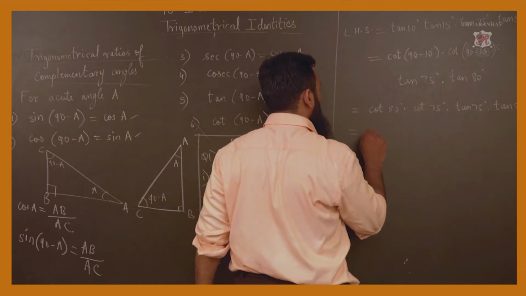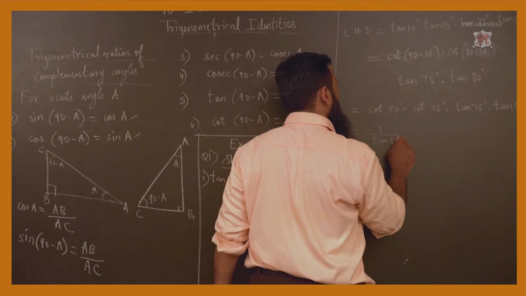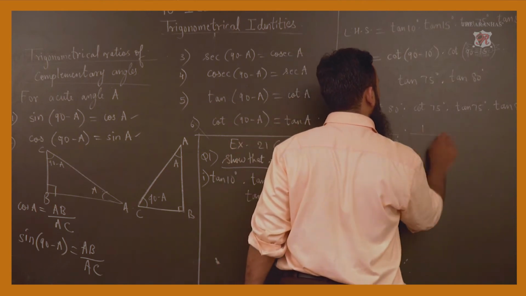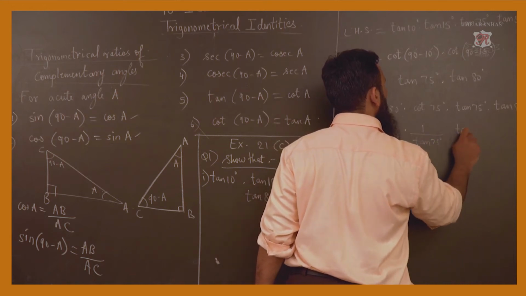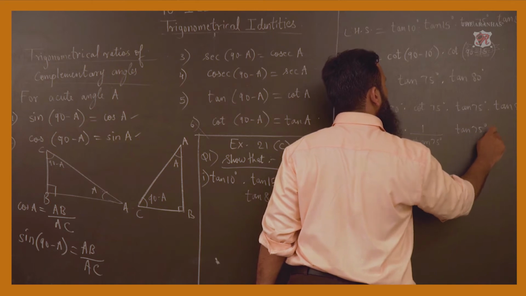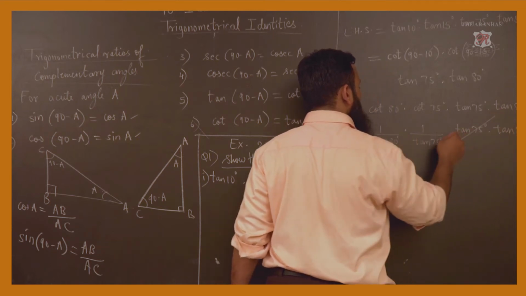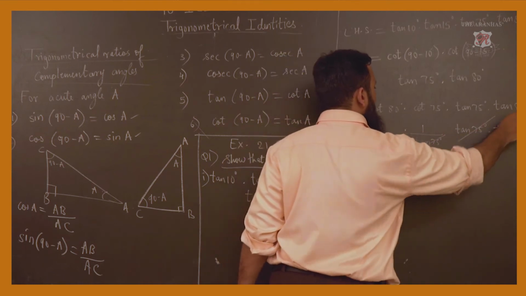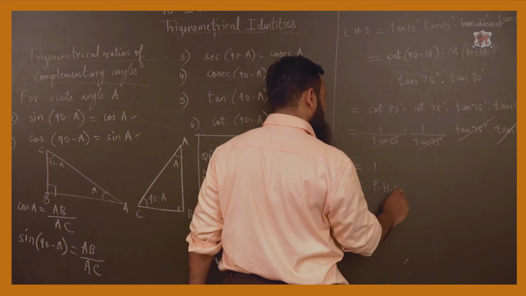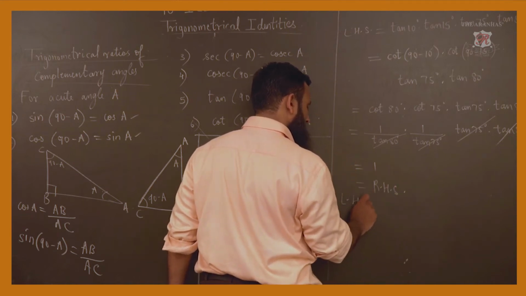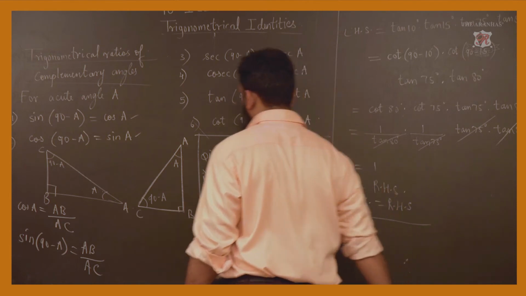So it will look like 1 by tan 80 into 1 by tan 75 into tan 75 into tan 80. So tan 75, tan 75, tan 80, tan 80 get cancelled, answer comes out to be equal to 1, which is RHS. So LHS becomes equal to RHS.